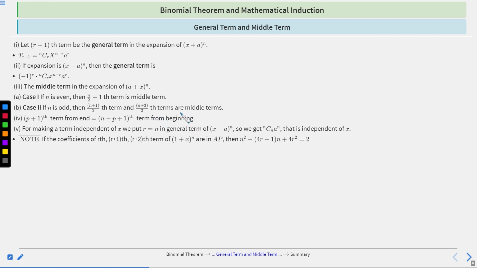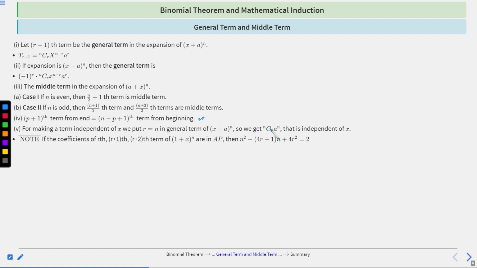Now, the (p + 1)th term from the end is equal to the (n - p + 1)th term from the beginning. Clear? For making a term independent of x, we put r = n in the general term of (x + a)^n.